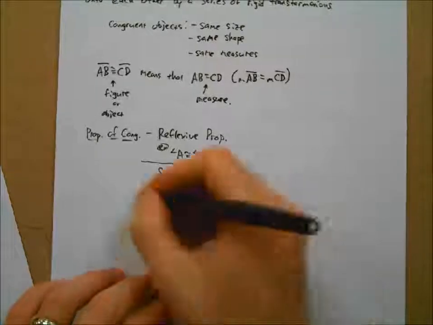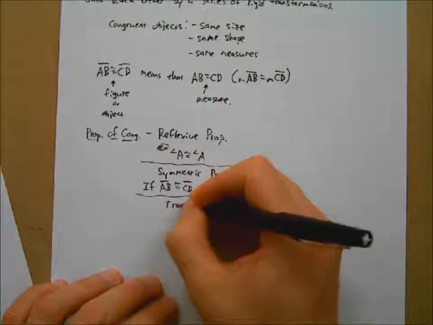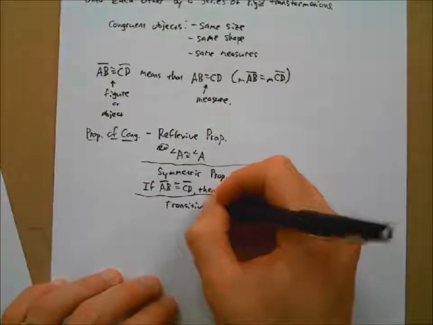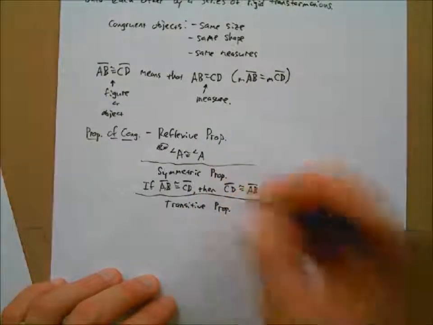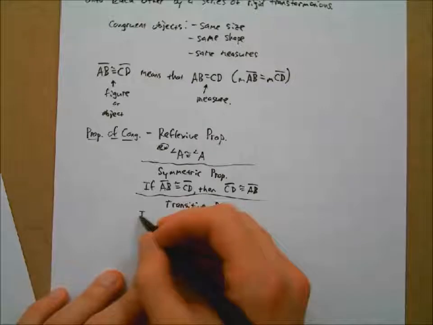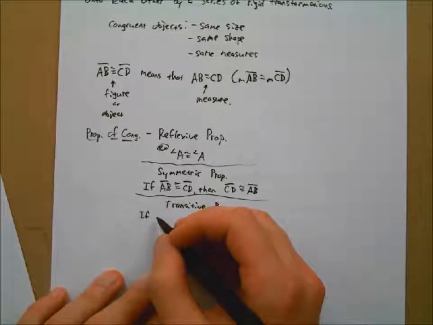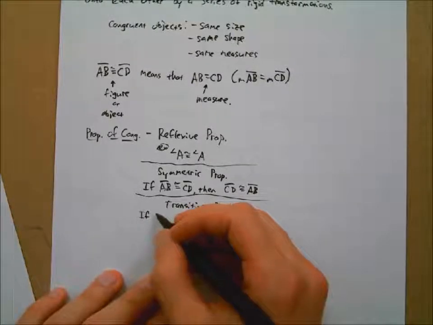And then the transitive property also is true for congruence. And I'll do it with angles here.